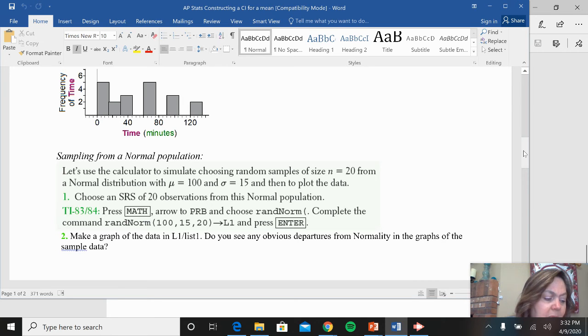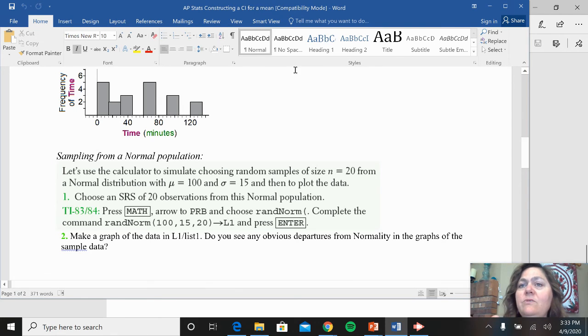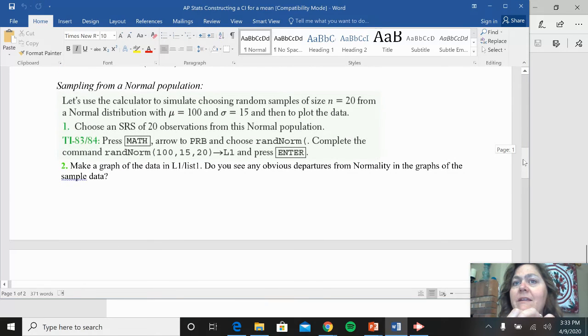Basically, when I ran this, I see that it's pretty much skewed left, skewed left, skewed left for a while. As I did several of them, I got one that was more normal. But remember n is 20 here. And so we're going to have a little bit of issue going on with that one. So I'm not going to worry too much about that one. That's just something that you can challenge yourself to look at.